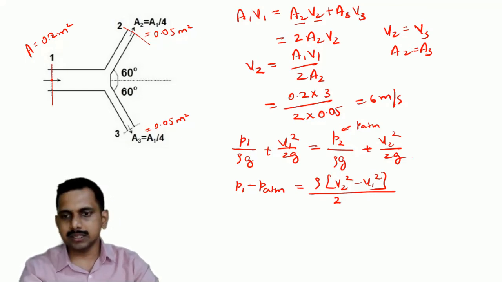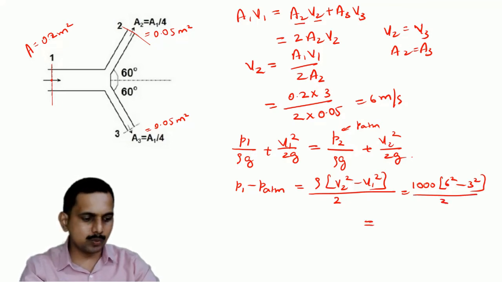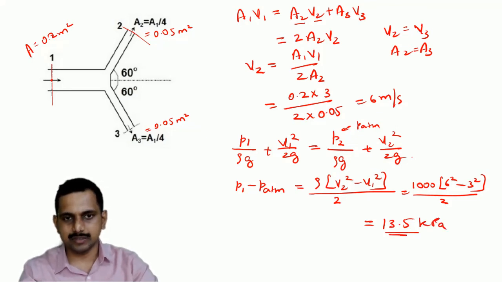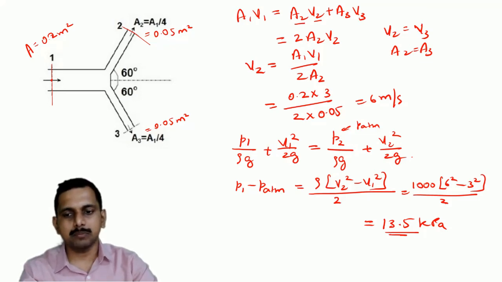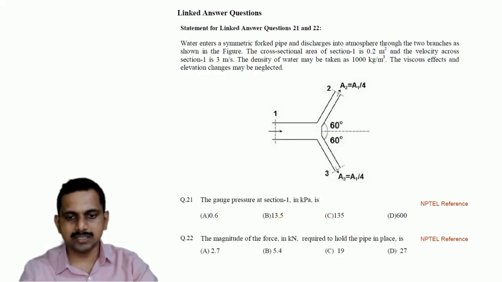So I get 1000 into 6 square minus 3 square divided by 2. The answer I get is 13.5 kilopascal, that is 13,500 pascal. So the answer for the first one is 13.5 kilopascal. Answer is B.